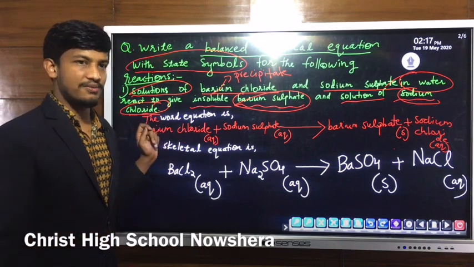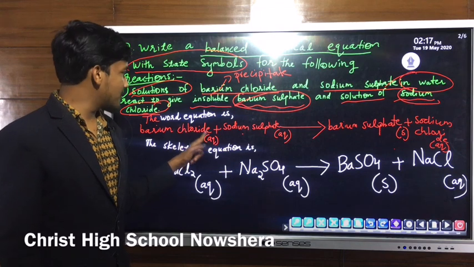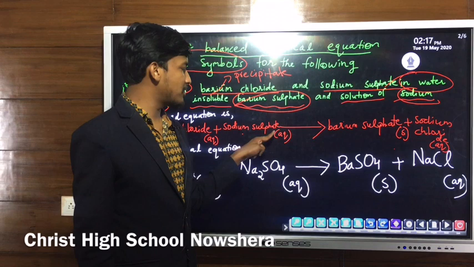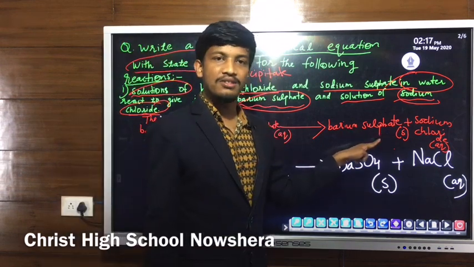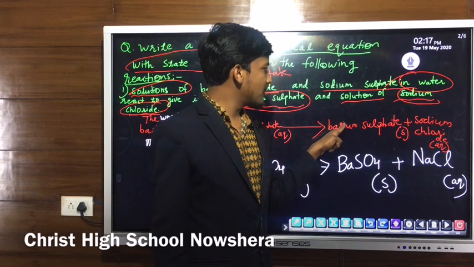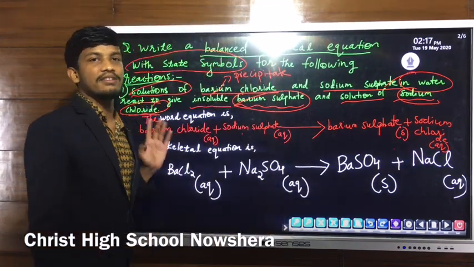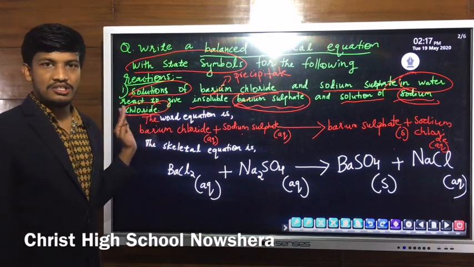Now the reaction is very clear. Both the reactants are aqueous solutions. Aqueous solution of barium chloride and aqueous solution of sodium sulfate react to give a precipitate, that is an insoluble solid, barium sulfate, and aqueous solution of sodium chloride. This is our reaction, so this is the word equation.